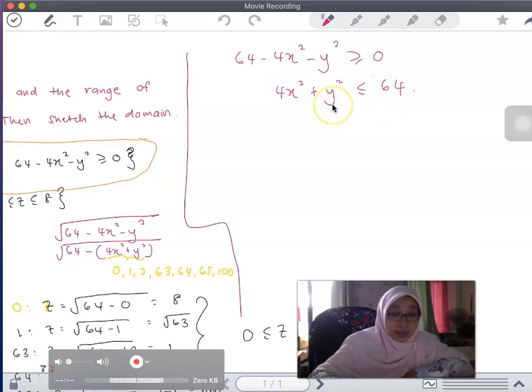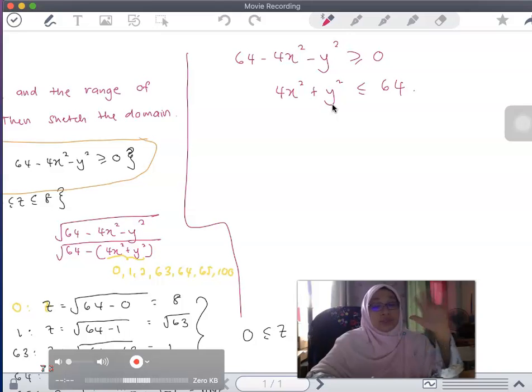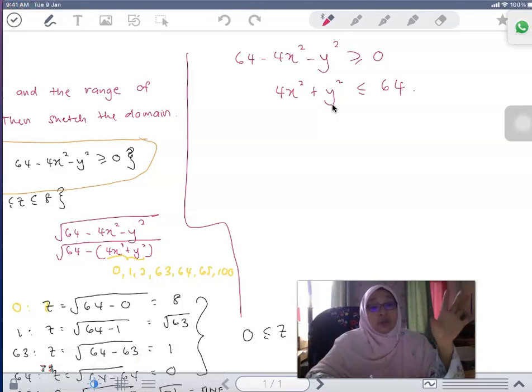But then again, in order for you to sketch the domain, you have to know what is the standard curve. Because when you want to sketch, you have to have an idea what is the shape, whether it is a hyperbola, whether it is quadratic, whether it is a straight line, or whatever.